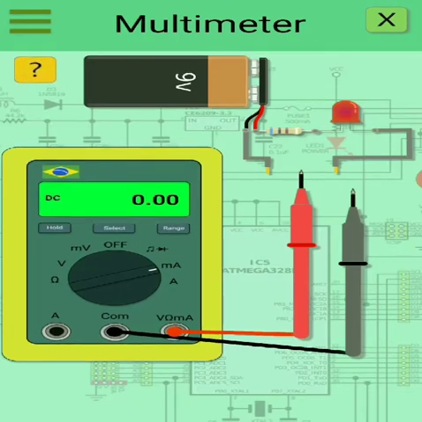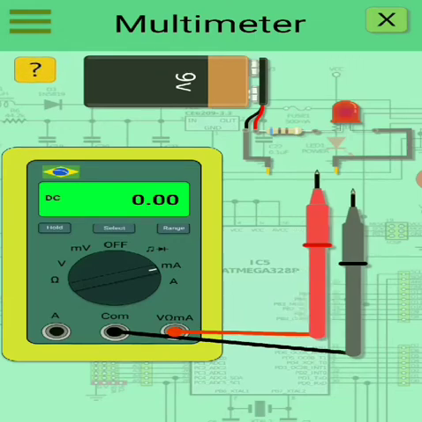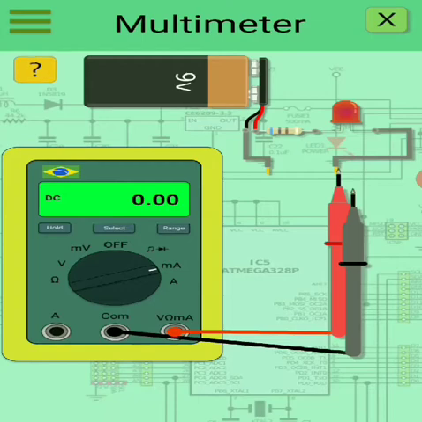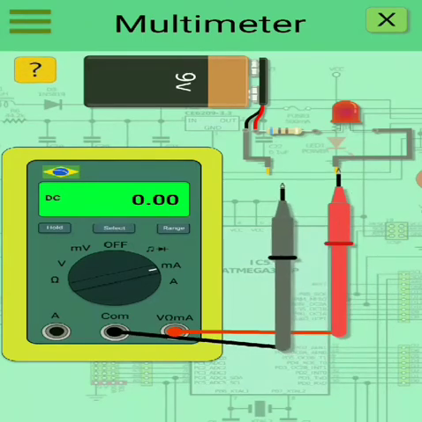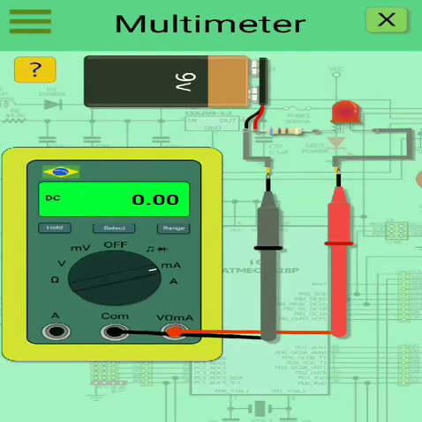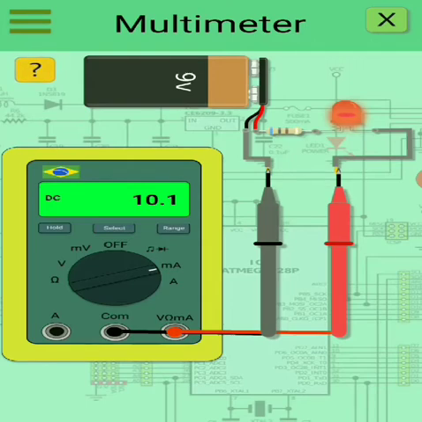Next, the red probe is connected to the positive side and the black probe is connected to the negative side, showing that 10.1 milliampere current is flowing through this LED lamp.